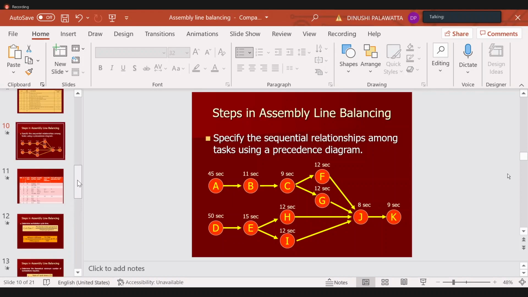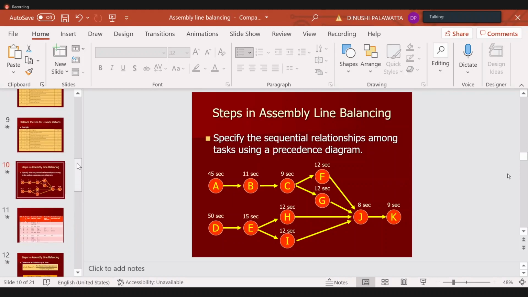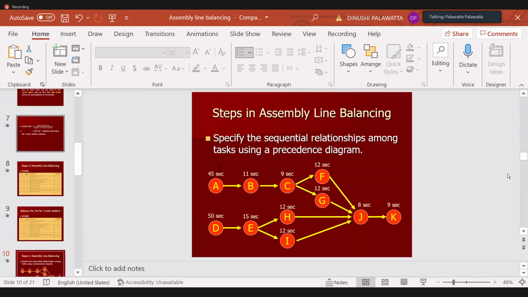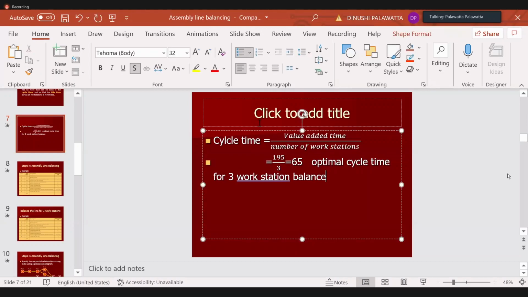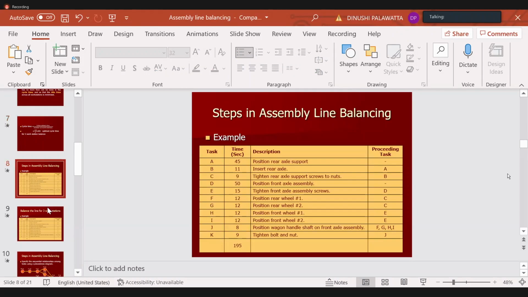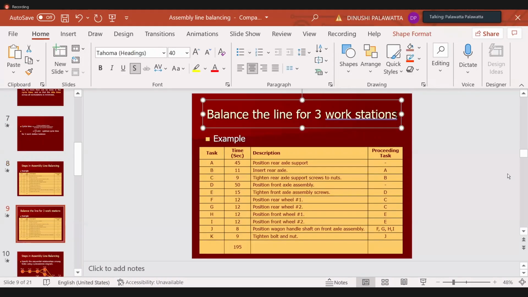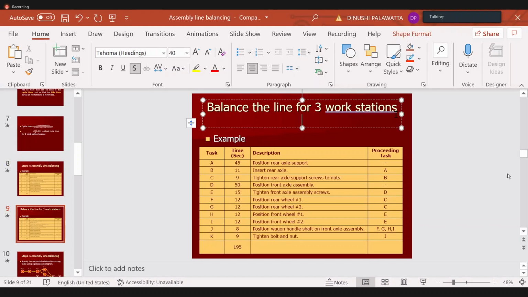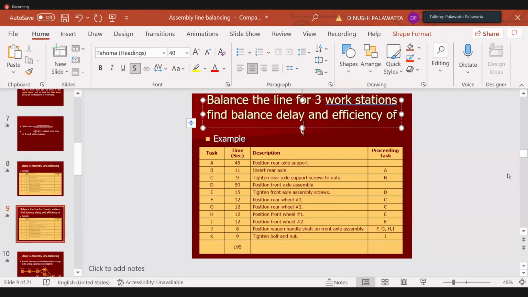Balance this line for 3 workstations, and then find the balance delay and efficiency of the line.